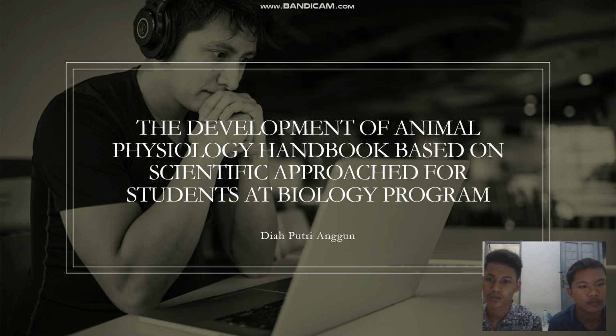The small group was continued to get suggestions for improvement to the handbook that was developed. The small group consisted of 16 students. The result of the practical assessment assessed by the lecturer, and the result of the practical assessment using a scientific approach based animal physiology lab, were all very practical.